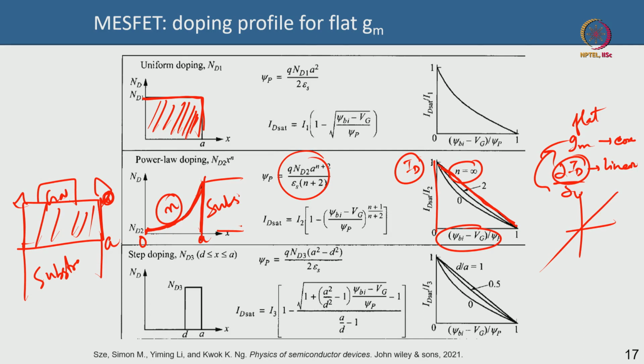Similarly, they have a delta doping. This is your surface 0, this is at the interface A, this is substrate. At that interface, you have a delta doping, a very high doping for a small thickness, okay. In that case, if this is narrow enough, then you get this straight line. D by A equal to 1, which means D equal to A. Do you know what D equal to A means?